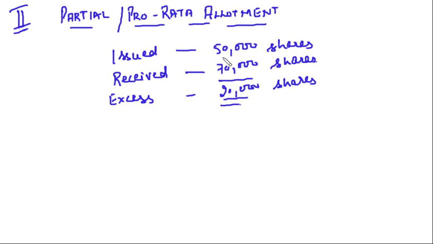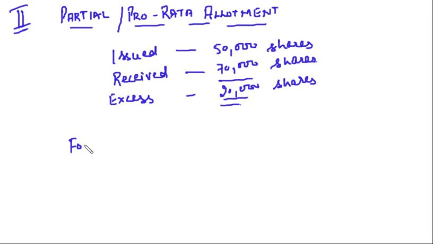How is that partial allotment done? They say you received applications for 70,000. To all these 70,000 applications, allot 50,000 proportionately. In which proportion will they be issued? In the ratio of 5:7. How is pro rata allotment done?